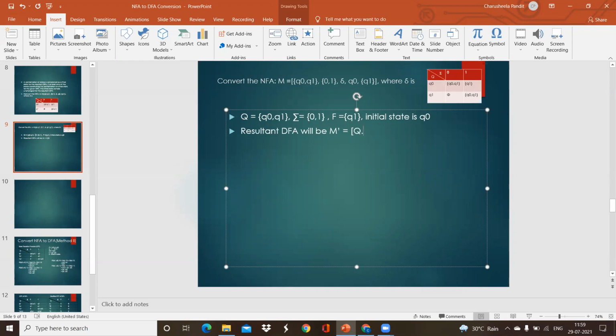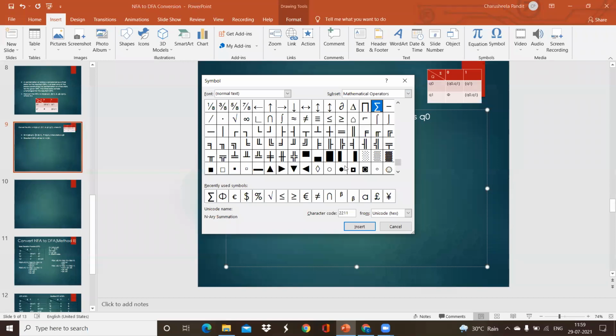This Q dash is nothing but the set of states of DFA. Then the input symbol is the same as what we have in NFA. The same input symbol will be used.